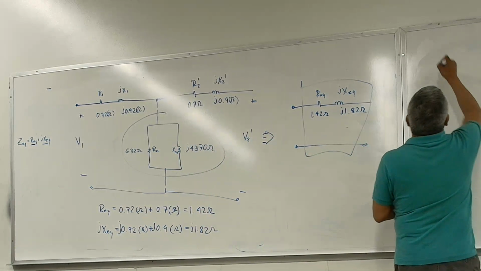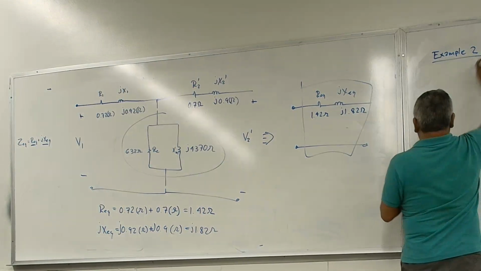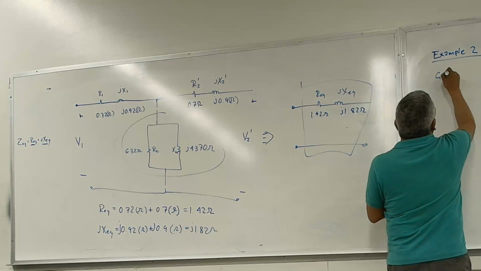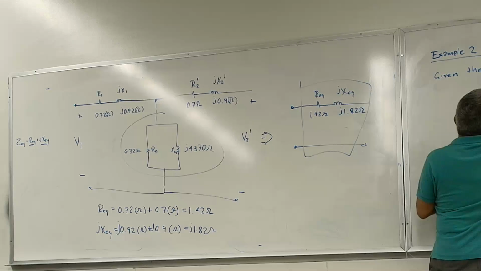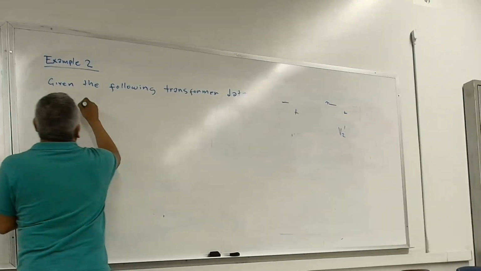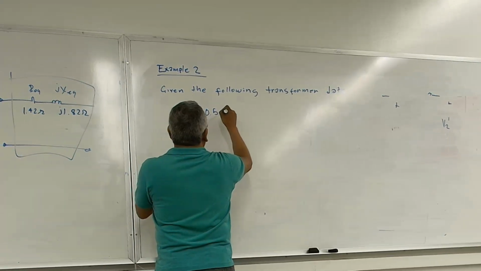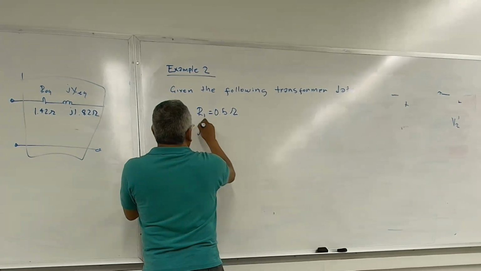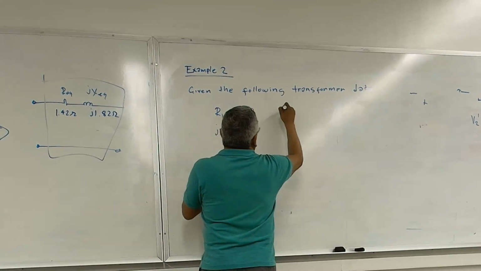Okay, example number 2. Given the following transformer data. R1 is equal to 0.5 ohms. JX1 is equal to J2.0 ohms.